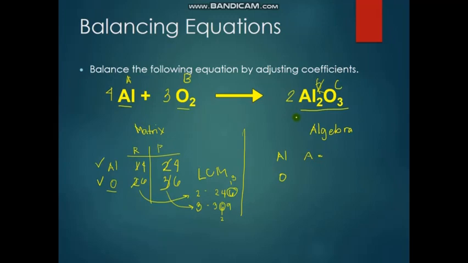So A is equal to how many? 2. So 2C. Next, oxygen is found in B. How many? 2B is equal to 3C. So say for instance, we pick the first equation. So A is equal to 2C.